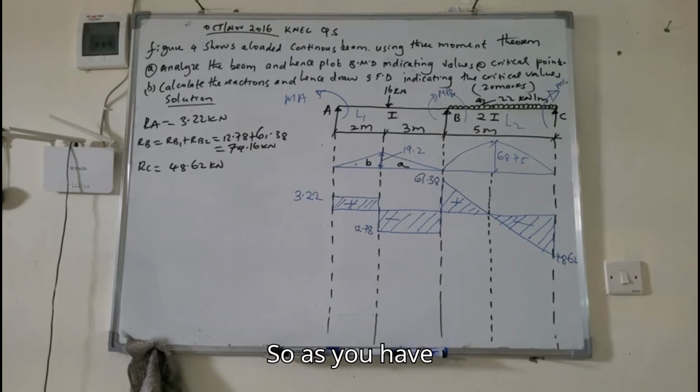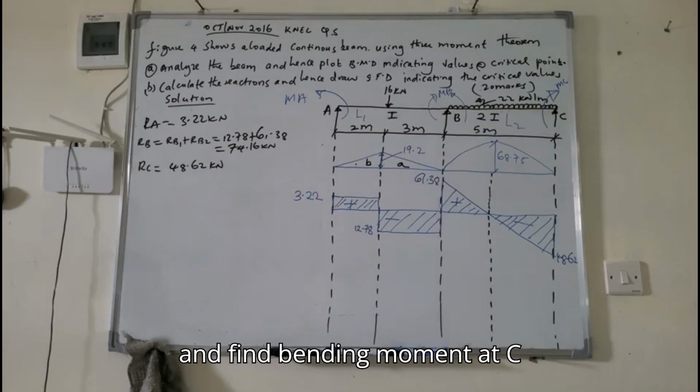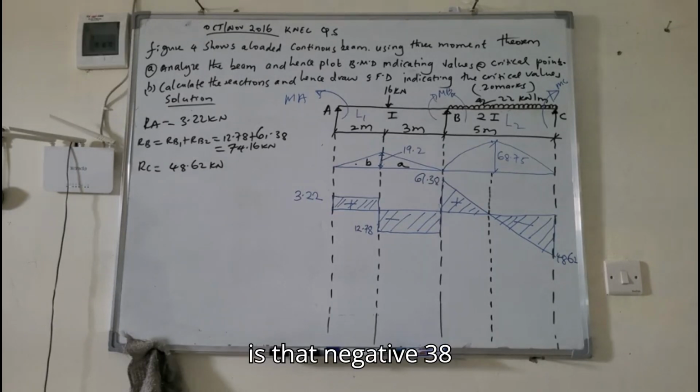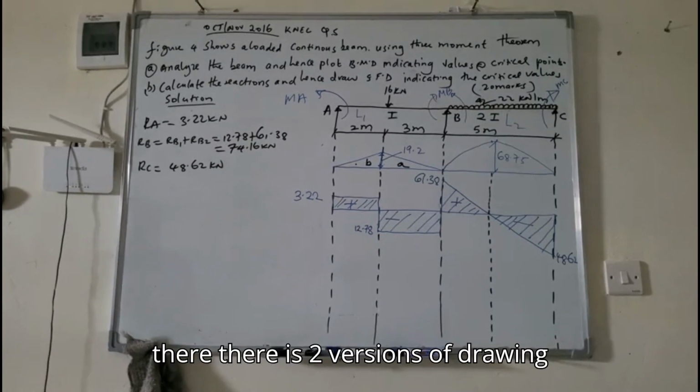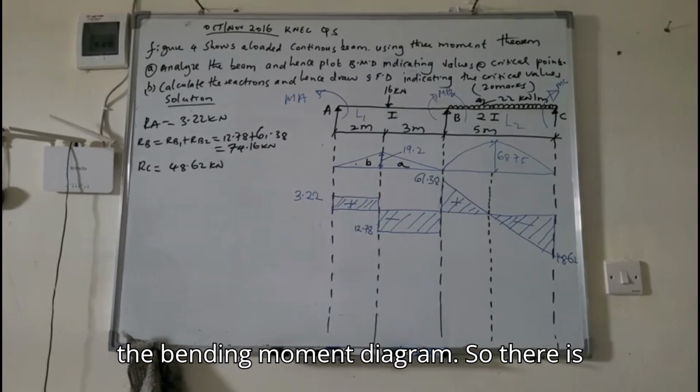So as you have seen, we have calculated and found the bending moment at B is negative 31.88. So there are two versions of drawing the bending moment diagram. So there is this one.